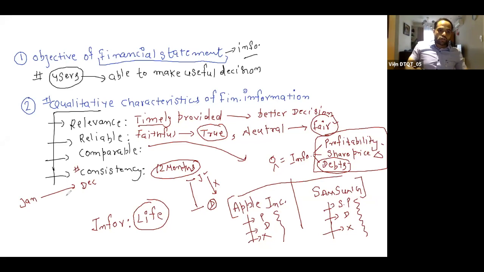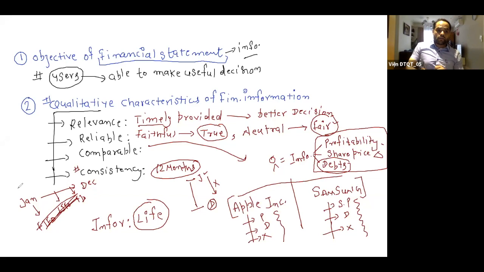For example, in January, you start applying the FIFO method to calculate the value of inventory. And in the month of June, you change to LIFO. And in November, you choose FIFO. And then in December, you choose LIFO again, all right? No, you cannot do that.